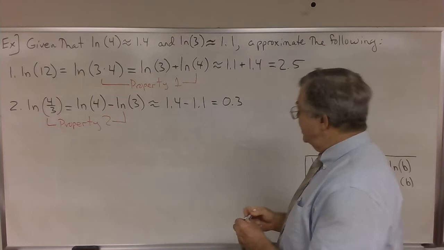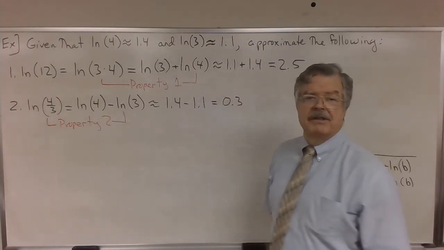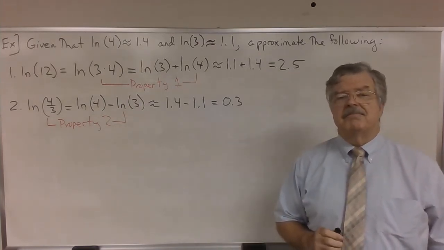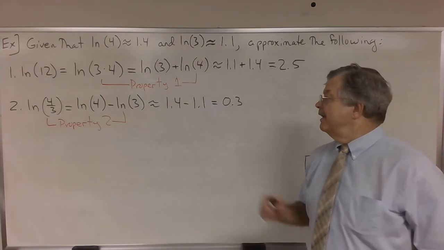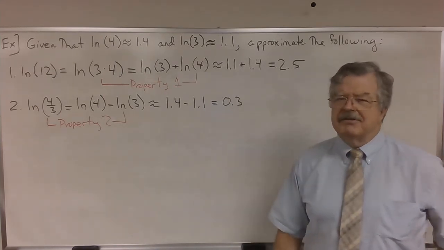So the natural logarithm of 4/3 is approximately 0.3. And if you check this out on the calculator, it'll be darn close. It may say 0.298 or something like that, but it's going to be really close.